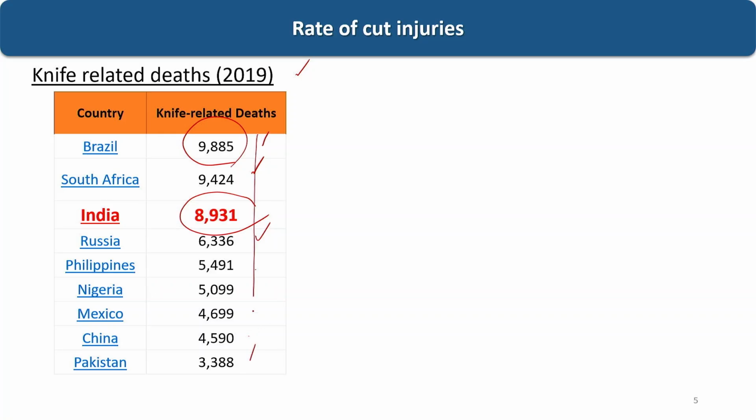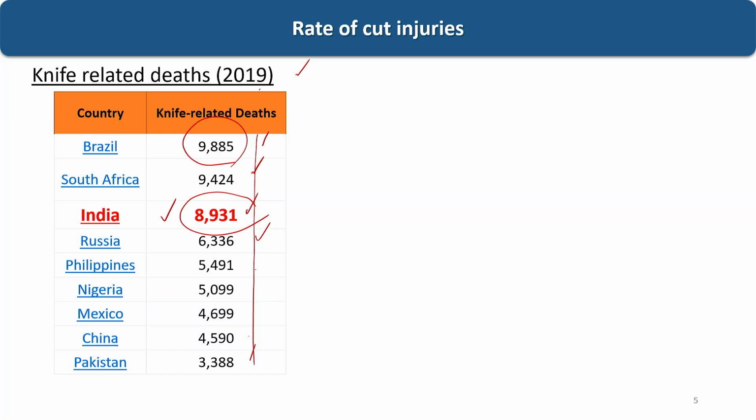So, these are the different types of deaths related to knives. These deaths are basically a mixture: an industrial condition while people are handling sharp objects, or maybe a riot.